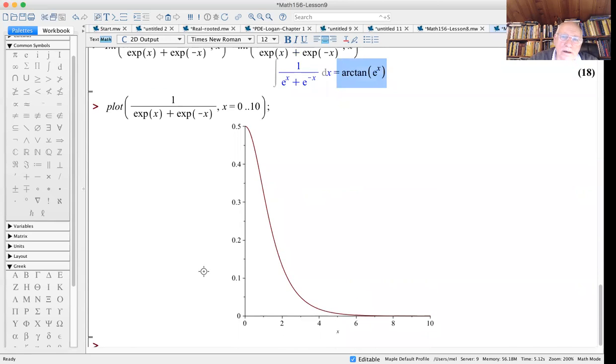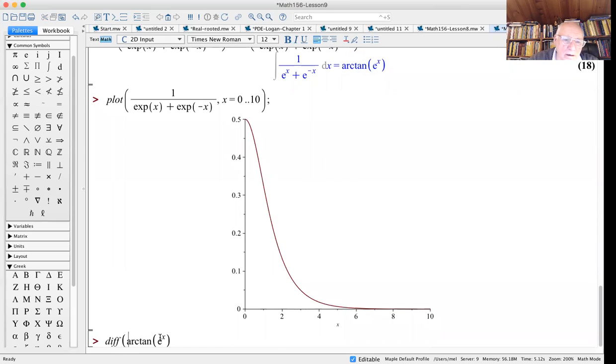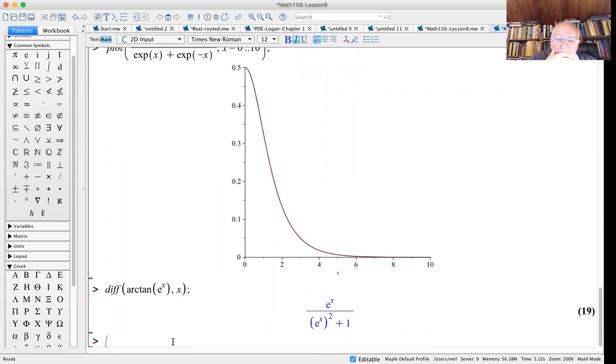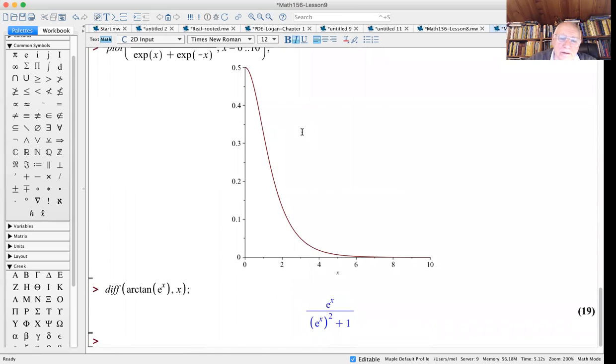Let's check that. Arctangent of e to the x, as I've written it, is an expression, not a function. So I use the diff command. So differentiate this expression with respect to x. And that's what we get. Is it the same as this?